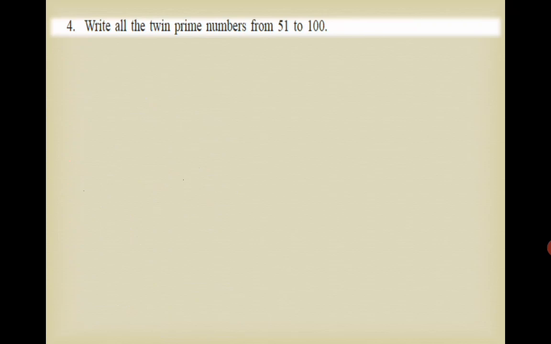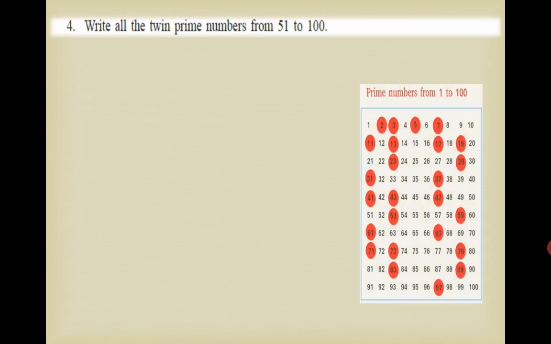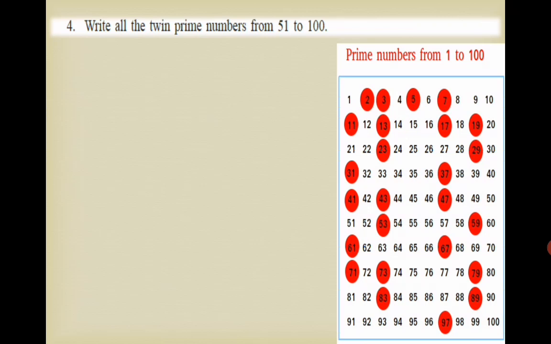Moving forward, write all the twin prime numbers from 51 to 100. Okay, again I'll show you the same list. We have to find twin prime numbers that are having a difference of just 2. So they have given us a limit of 51 to 100. So from 51 we will see the next prime number is 53. 53, 59, so the difference is too much. 59 and 61.